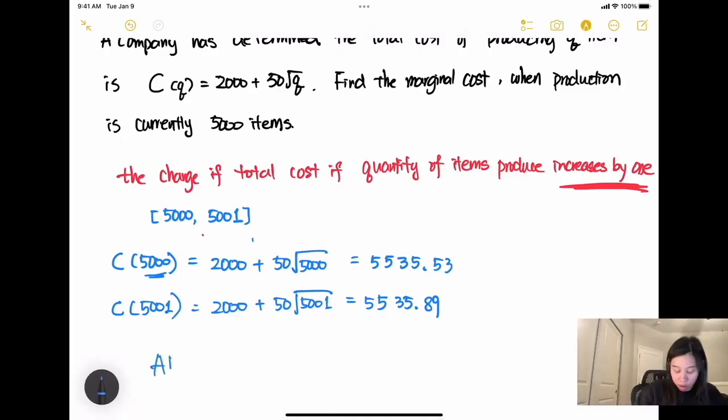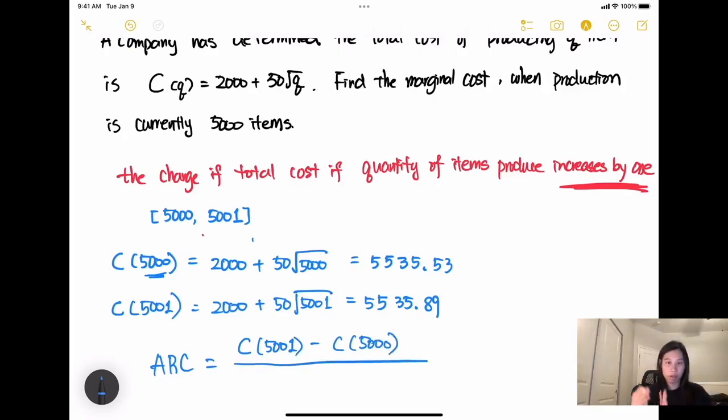So the marginal cost should be the average rate of change when the quantity of the production increased by 1. So the cost at 5,001 minus the cost at 5,000, over 5,001 minus 5,000, which is what we calculated earlier, over 1.